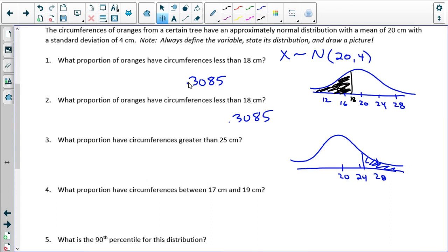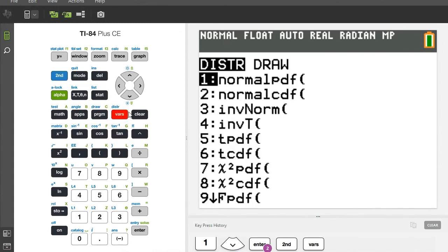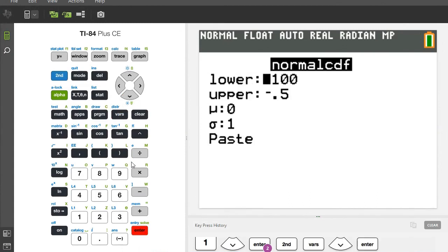If I calculate this, I want to find the area under the curve. And from now on, I'm only going to do this one time. I'm not going to do it both ways. So normal CDF, I'll do it just with the mean of 0 and standard deviation of 1. So I want it to be bigger than 25. So 25 minus 20 is 5.